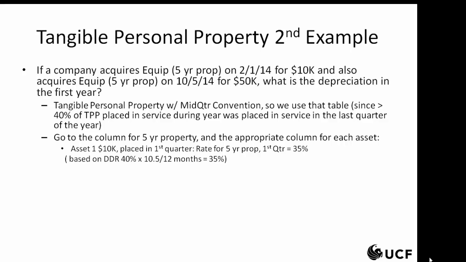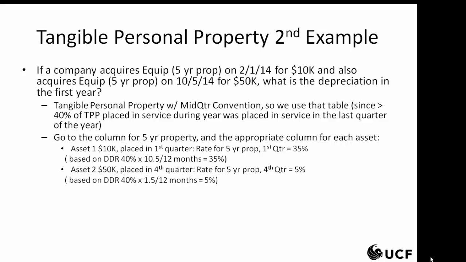Since this was placed in service first quarter, you would get half of the first quarter, all of the second quarter, all of the third quarter, all of the fourth quarter, assuming that you placed it in service in the first quarter and used it through the end of the year. That would be a total of 10.5 months out of 12 months. We would multiply 40% times 10.5 over 12, that would be 35%.